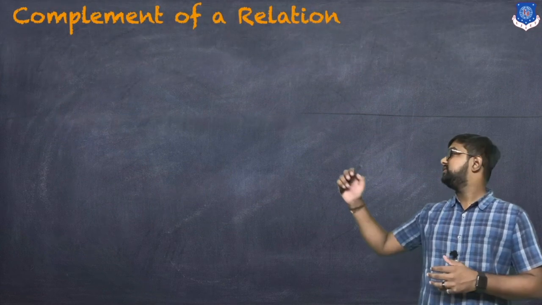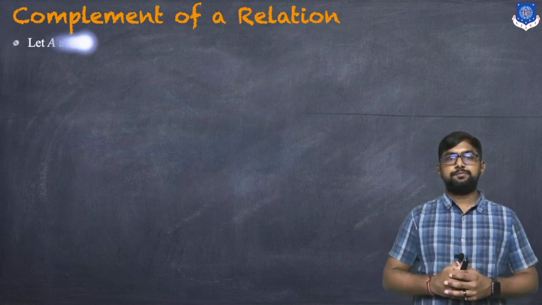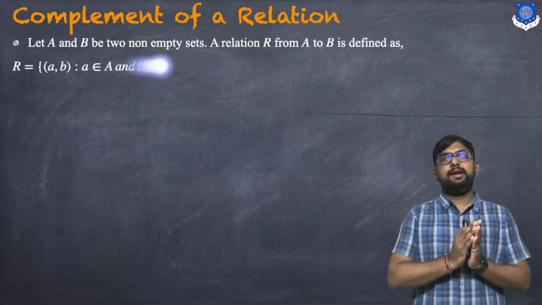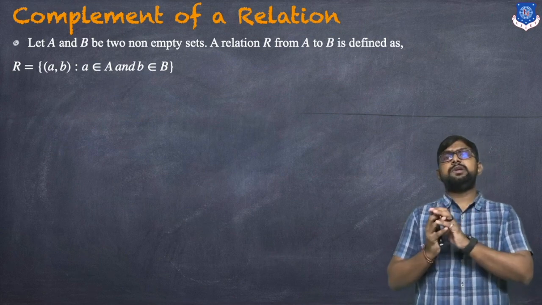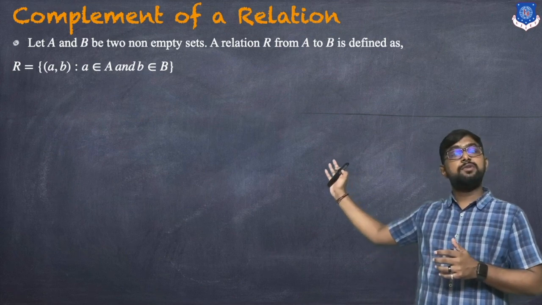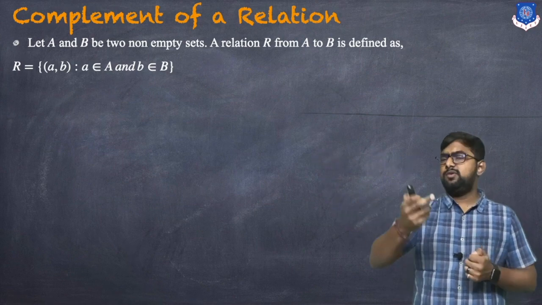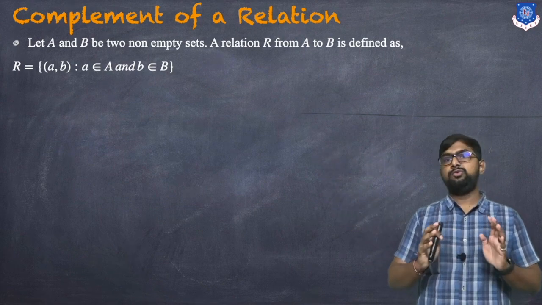Now let us take what is the complement of a relation. So let capital A and capital B be two non-empty sets. A relation R from A to B is defined as R equals {(a, b) such that a belongs to A and b belongs to B}. We all know this.